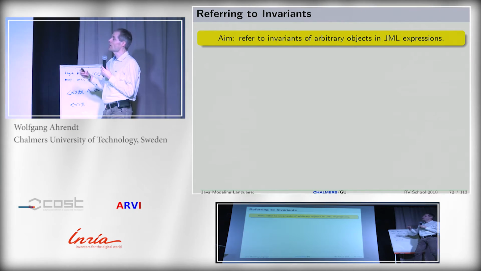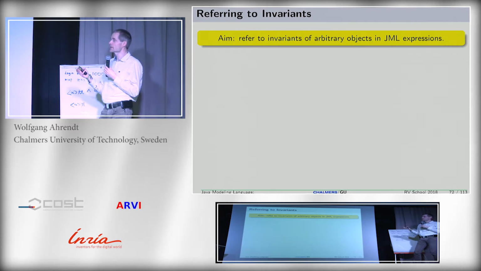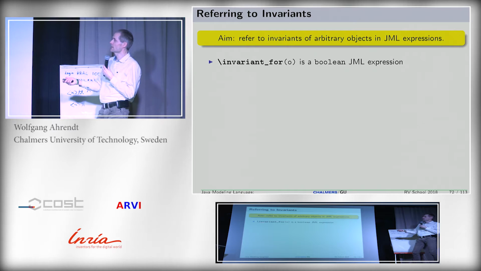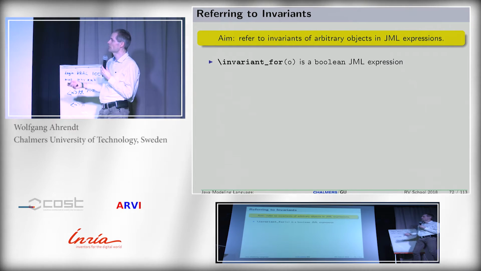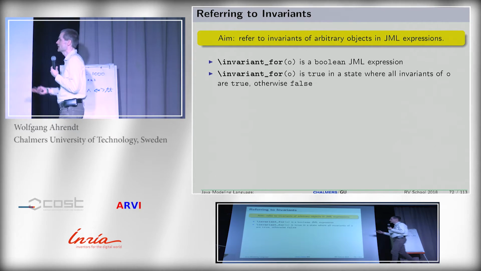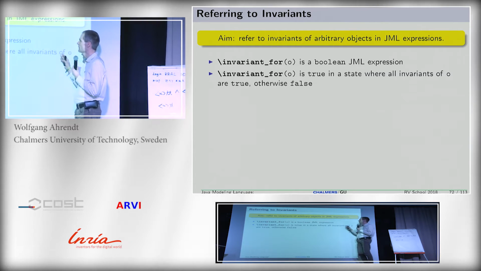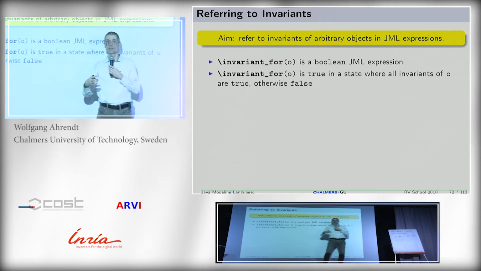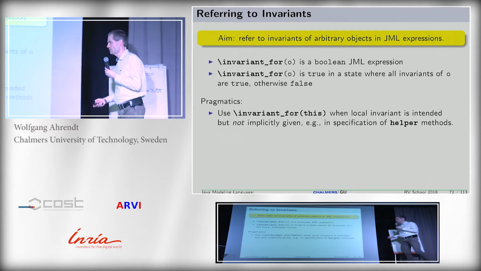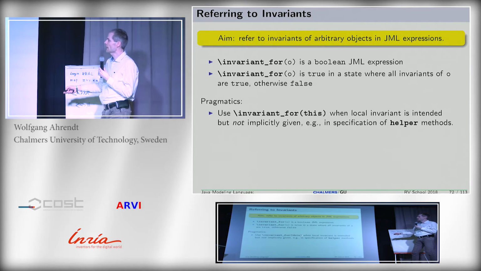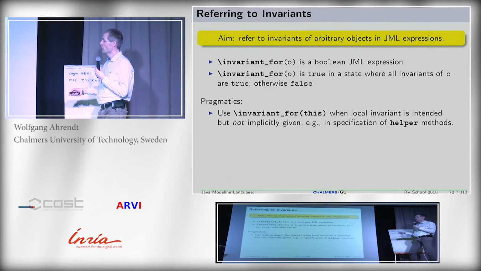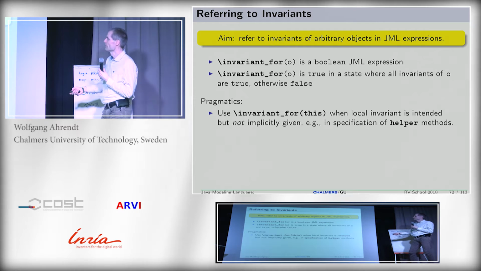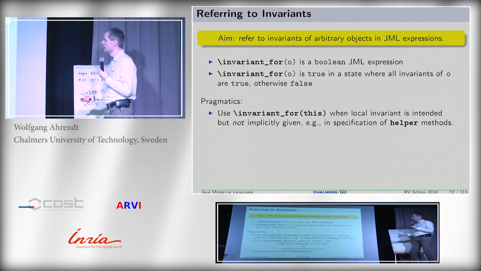Good. We can also explicitly refer to invariants of this or of other classes. So there is this construct invariant for O as a Boolean Java expression, and it is true in a state where all invariants of the class of O are fulfilled. How do we use it? We can use invariant for this when we want to state the local invariant, but it's not implicitly there, like in helper methods.